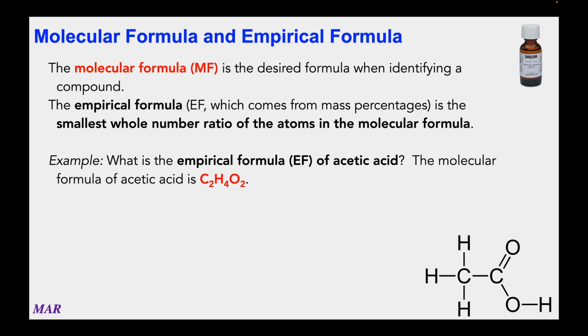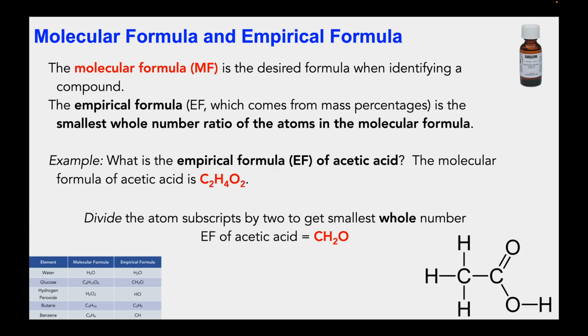The ratios in acetic acid are 2 to 4 to 2, C to H to O. Let's divide all of those numbers by 2. That gives an empirical formula of CH2O. And remember, in an empirical formula, it's the smallest whole number ratio of atoms, no fractions. As long as you understand that, then that's pretty chill.